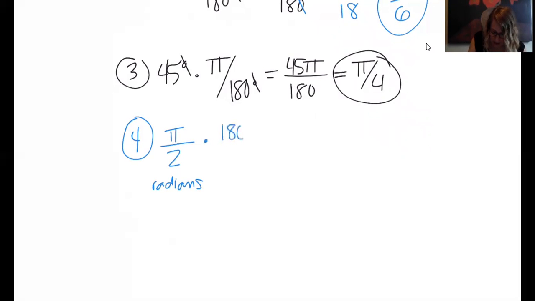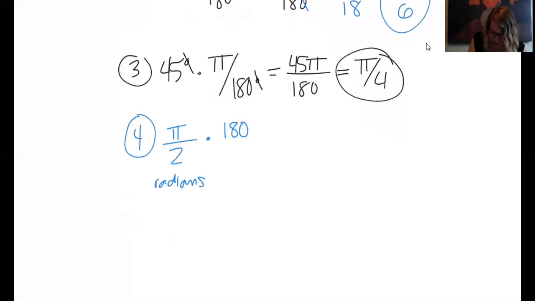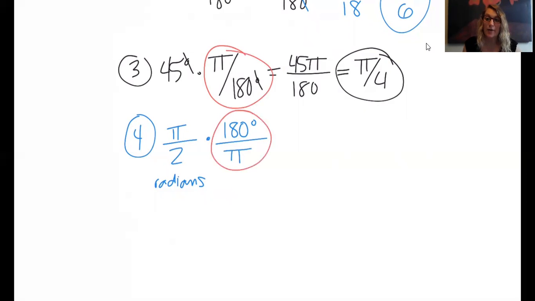This time, I want to convert to degrees. So I'm actually going to cancel out the pi's because I have a pi on the top and a pi on the bottom, and I multiplied by 180 over pi. So notice how these two problems are different. In number 3, I multiplied by pi over 180, and in number 4, I multiplied by 180 over pi.